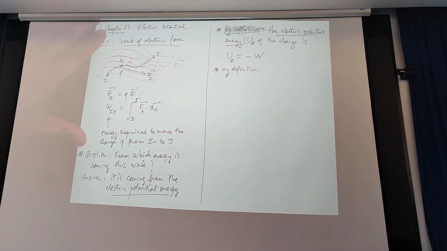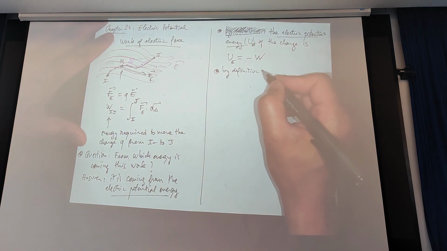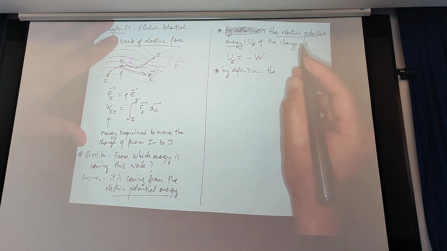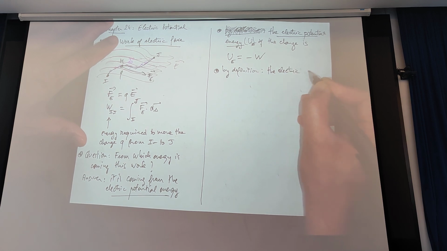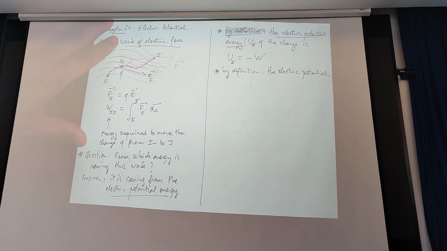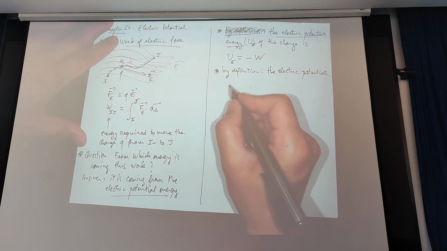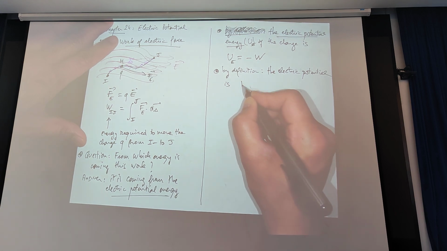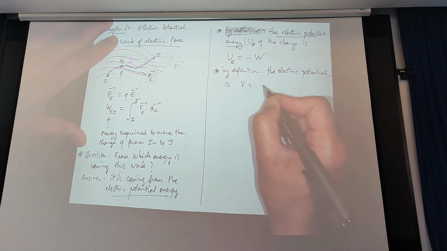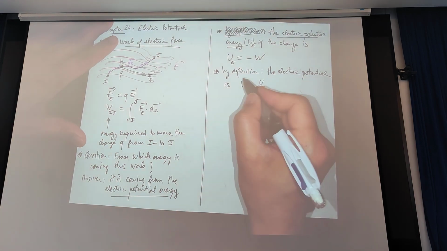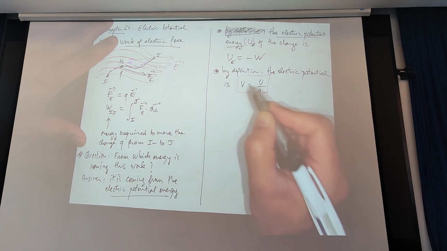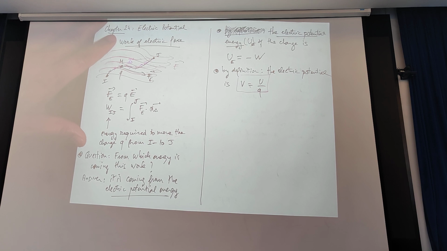Okay. So now, by definition, the electric potential is V equal U over Q. So this is an energy divided by the charge.